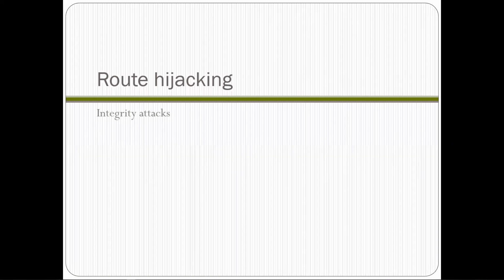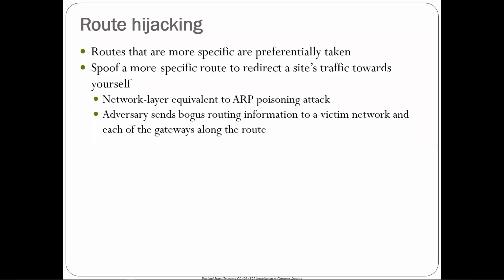Okay. So all of this stuff gets us to finally route hijacking, which is an integrity attack on the routing infrastructure, on the routing aggregation stuff. We have seen routes that are preferentially taken.